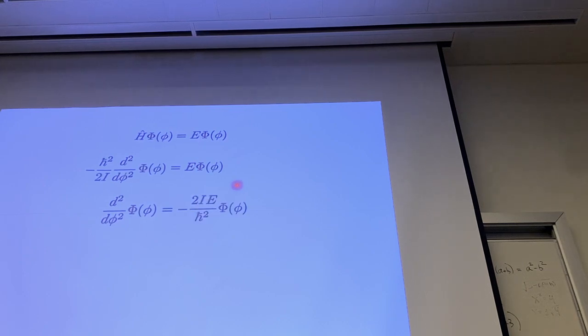We did that before with linear motion, and now we do it with angular motion as well. So I get 2I times E divided by h bar squared with a negative sign in front of it. Okay, so this is the particle in the ring problem.